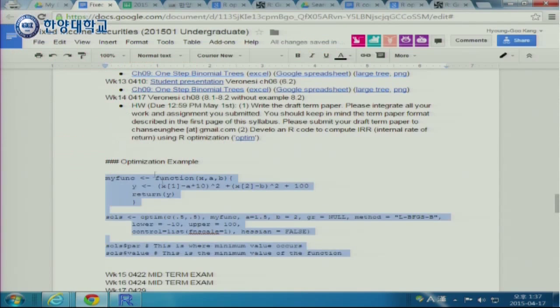This lower limit and upper limit is possibly important, because when you calculate internal rate of return, the solution is not unique in general, right? Because if it is a two-period model, it is a second order equation, so there are 2 answers.